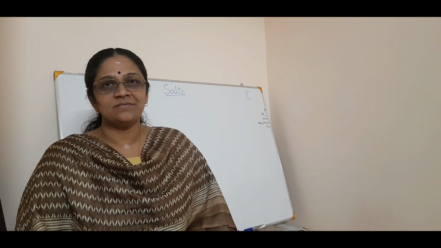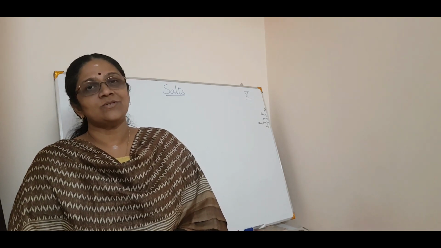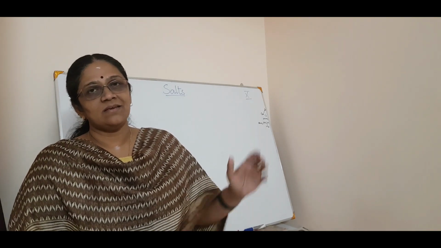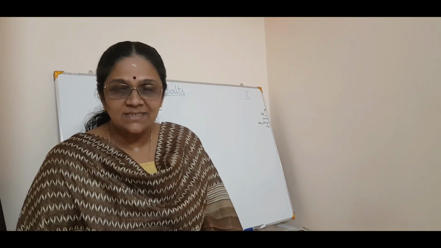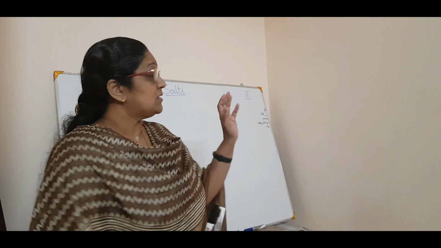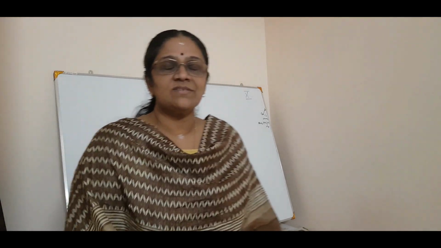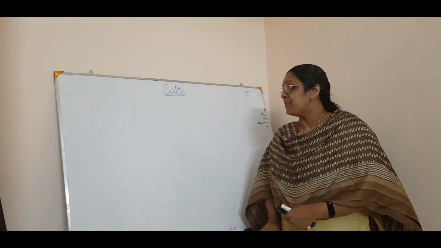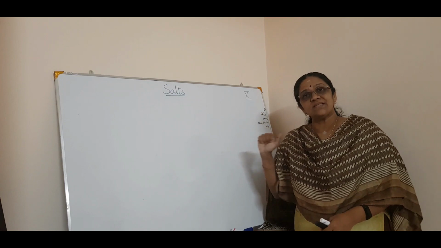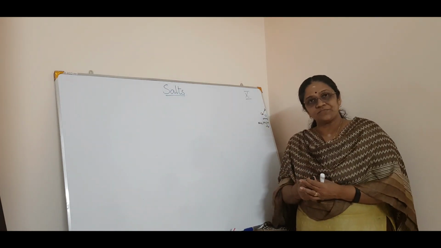Keeping fine? Okay. So today we will see a new topic in the chapter acids, bases and salts, which is salt. We have studied acids, we have studied bases, and now we are studying salt. Do you know what a salt is?